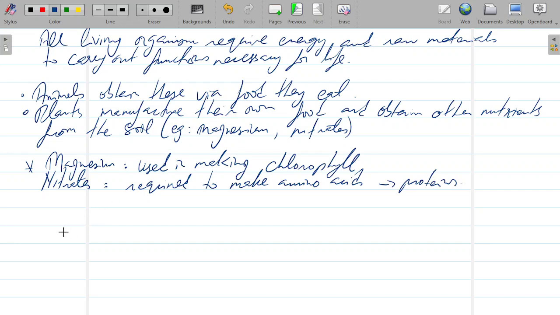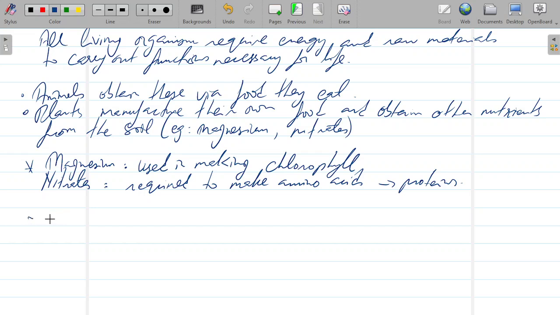Okay, now where does the word photosynthesis come from? So making something is called synthesis, right? So making complicated food molecules from simpler substances is called synthesis, right?